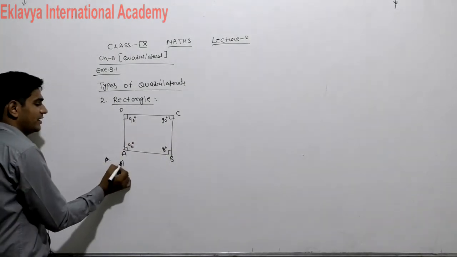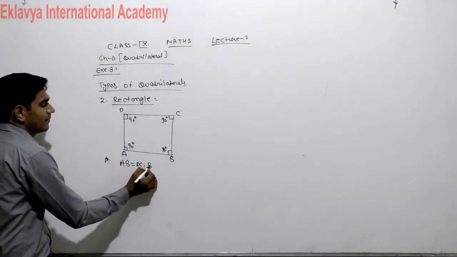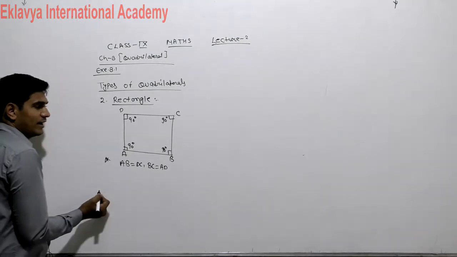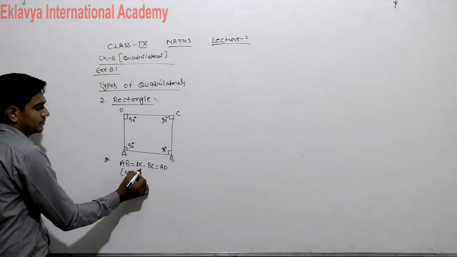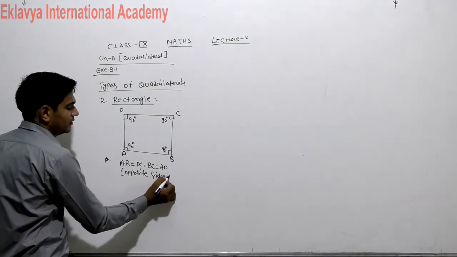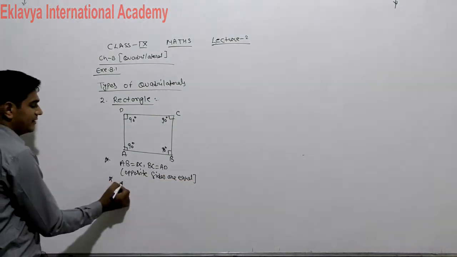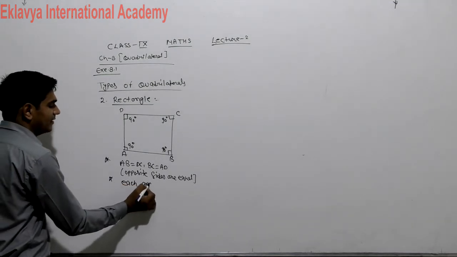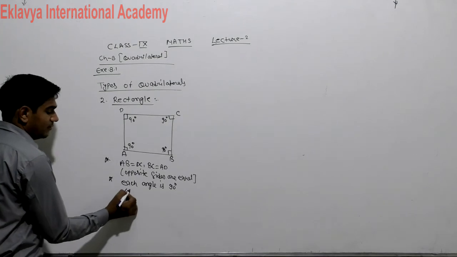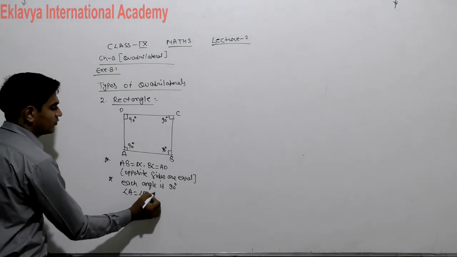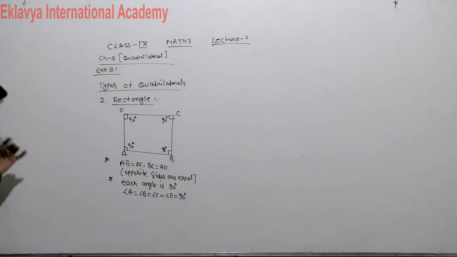So first property, opposite sides are equal, AB is equal to DC and BC is equal to AD. Second property is that each angle is 90 degrees, meaning angle A is equal to angle B is equal to angle C is equal to angle D, 90 degrees.